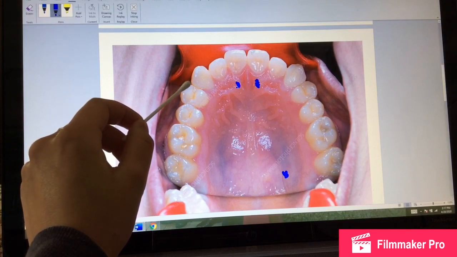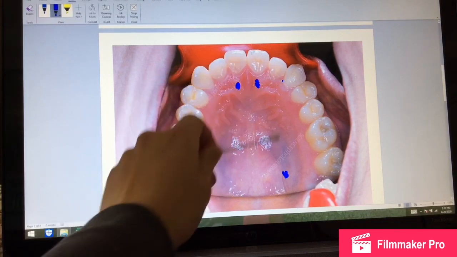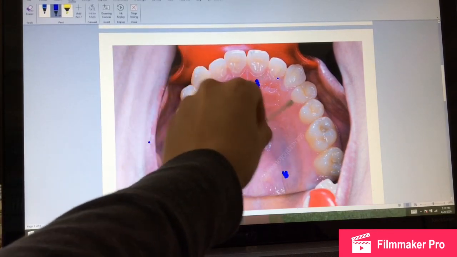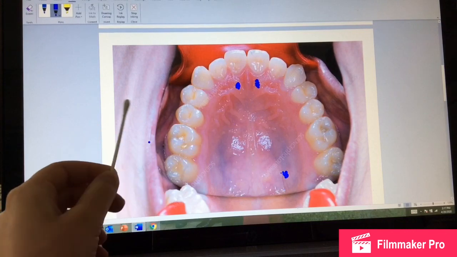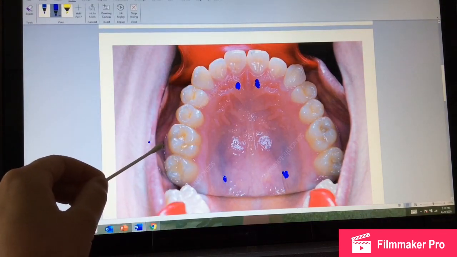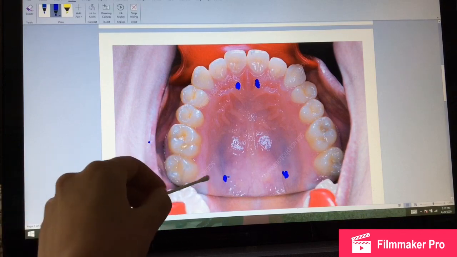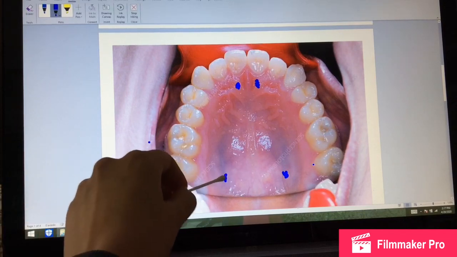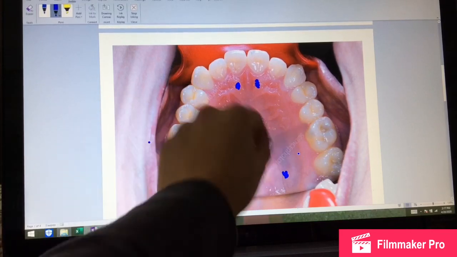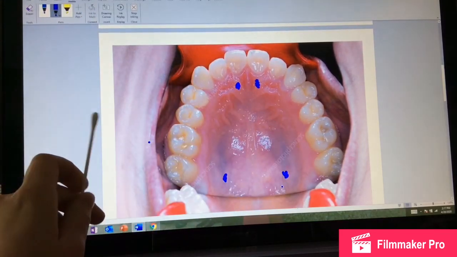Depending on which side you do it, it's more specific to this area, as this one is more specific to this area. And for the greater palatine, it'll be here, to numb this side of the mouth as opposed to this one. And yeah, that's it.